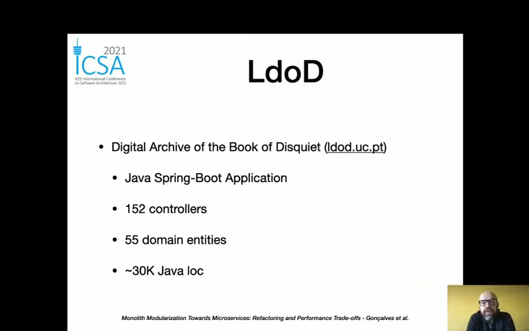So we applied this to the L2D, which is a digital archive of the Book of Disquiet by Fernando Pessoa. This is a Java Spring Boot application. It has 152 controllers, 55 domain entities, and around 30,000 lines of Java code.